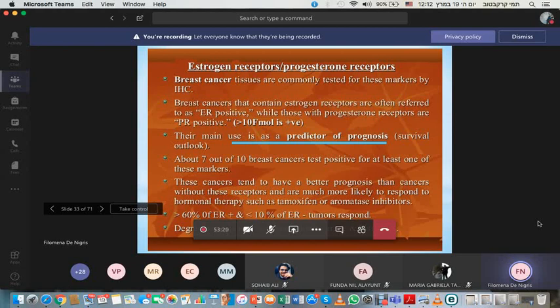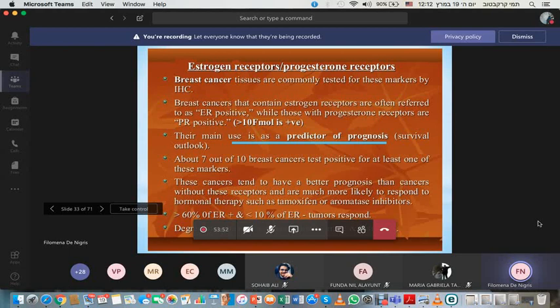The best way is to take a little bit of tissue and analyze it by immunohistochemistry, and the pathologists are able to give you information on the score of positivity to this receptor. On the basis of the score, they tell you how many cells are positive or negative to this receptor.